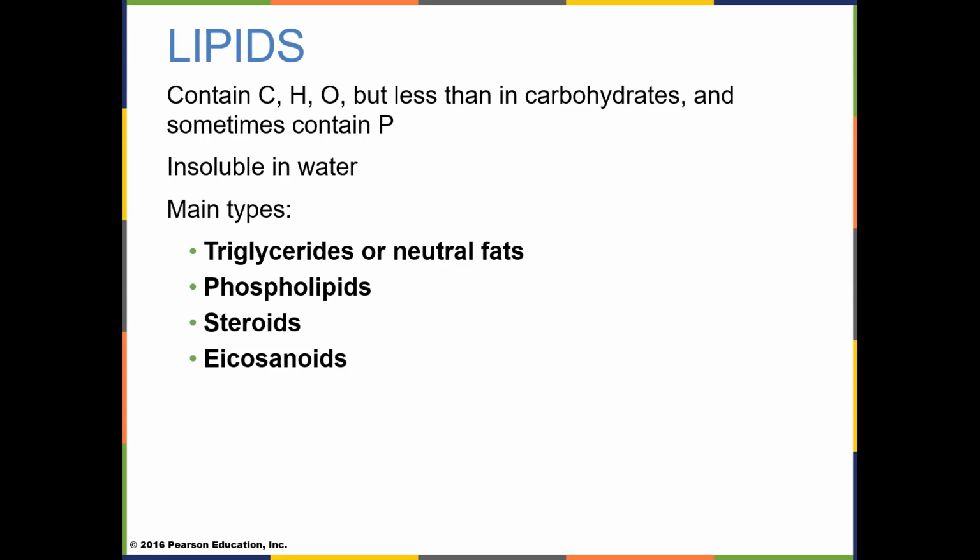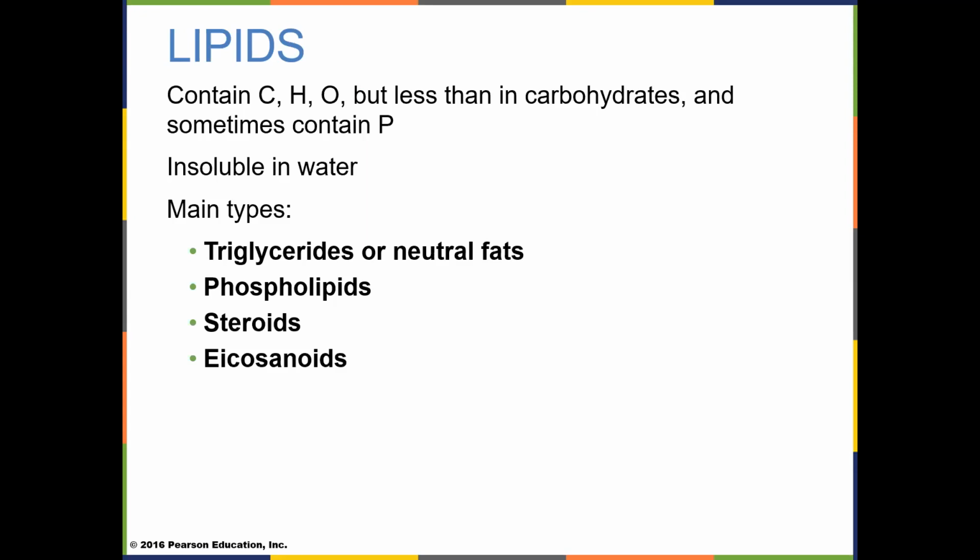So we have the triglycerides, we have the phospholipids, we have the steroids. The steroids are all based off of cholesterol. Cholesterol is a steroid molecule. Steroids all have a 4 or 5 ring structure. They're all very, very similar in appearance. The only difference is the molecular groups that are attached to the end of the rings.